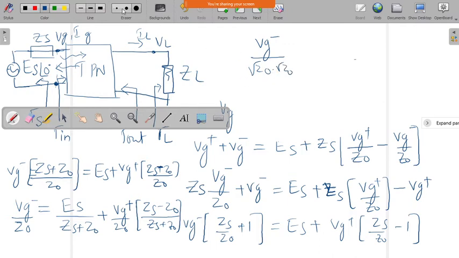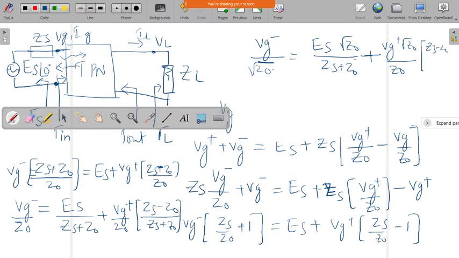I'll replace one root Z0 here, and one root Z0 I'll send to this side. So what will happen? Es into root Z0 divided by Zs plus Z0 plus, if I write Vg plus root Z0 here, divided by Z0, this into Zs minus Z0 divided by Zs plus Z0.